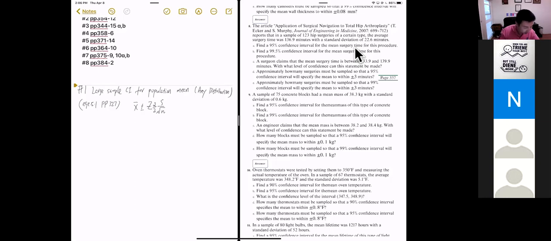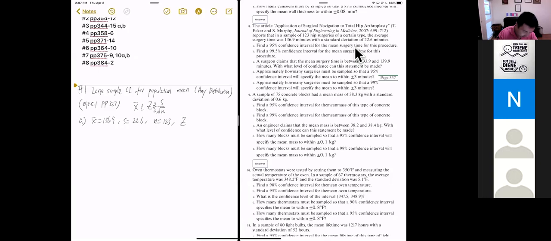Using that equation, the mean is 136.9, sample standard deviation 22.6, sample size 123.